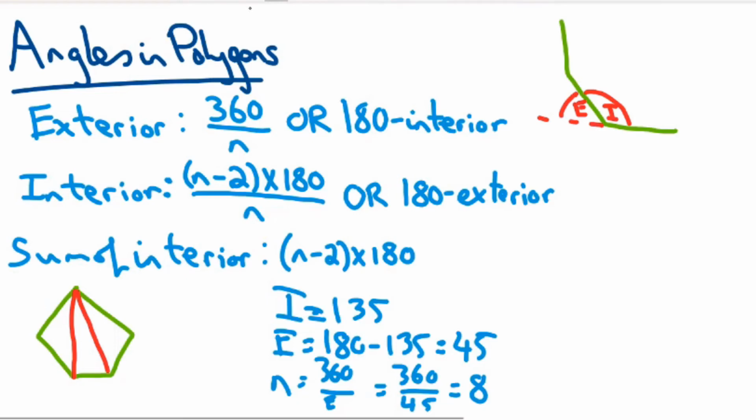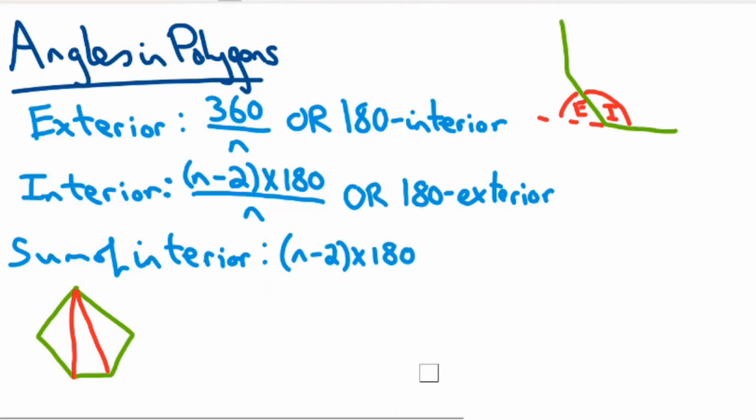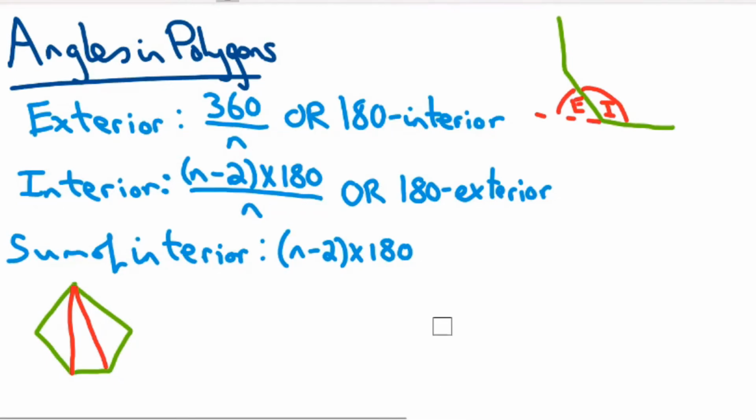Well, if we're happy with that, how about we try an example of your own? What if we had a shape where the interior angle would be 140? What then is your number of sides going to be? So interior, 140. What is the number of sides?